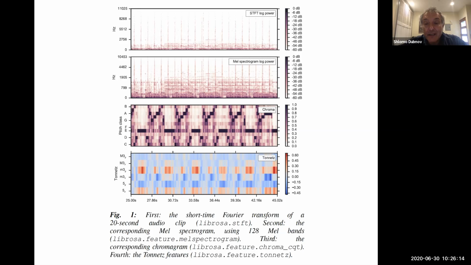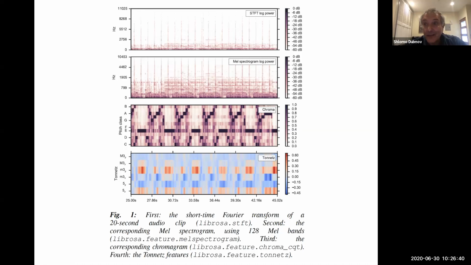Very much like the chroma that wraps up the spectrum into 12 notes, tonnetz wants to take multiple pitches organized as chords and find another representation where the distance will be between chords and not between notes.